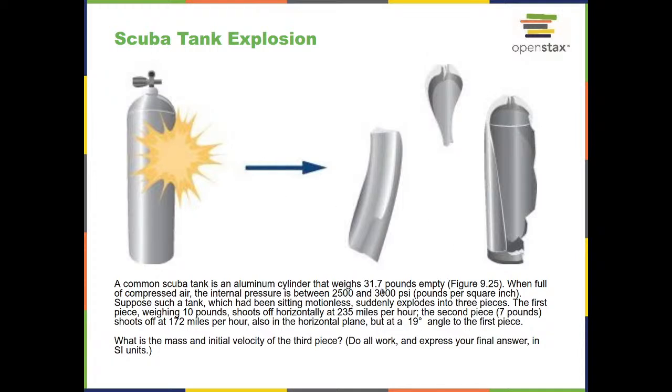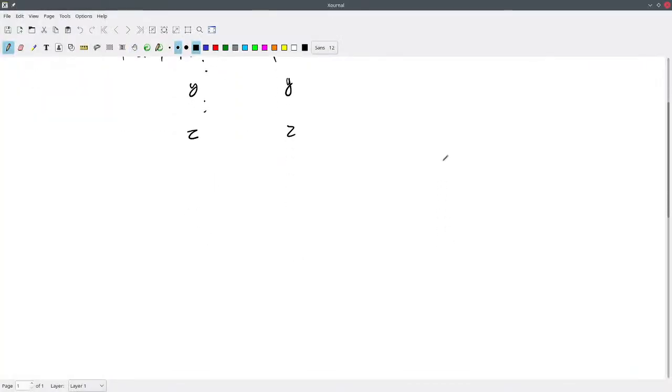31.7 pounds minus the mass for 1 piece minus the mass for the other piece. And that will give us a mass of, in this case, we'd have to do the math here quickly. So let's do the scuba tank explosion. We're just going to write this down in symbols, symbolically here.